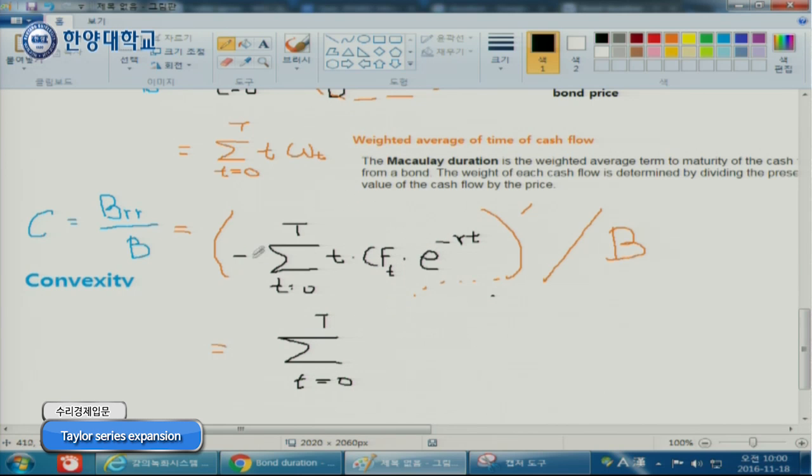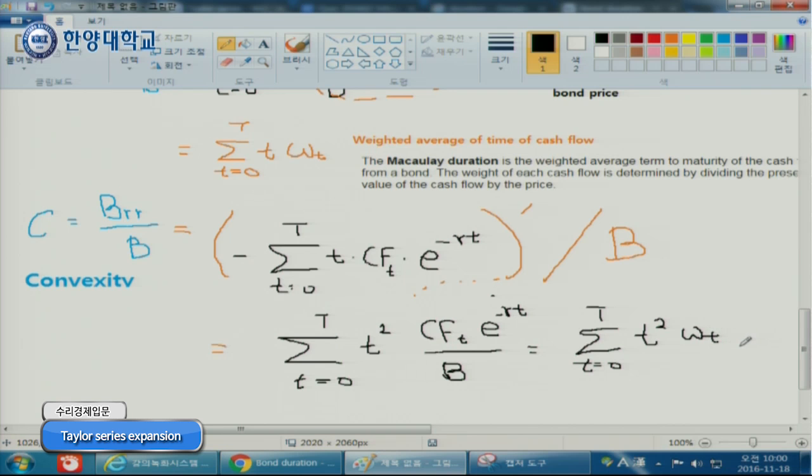Well, minus T again, minus times minus gives plus T squared now. T squared CL T e to the minus R T divided by P, which is the sum from T equals 0 of T squared WT.